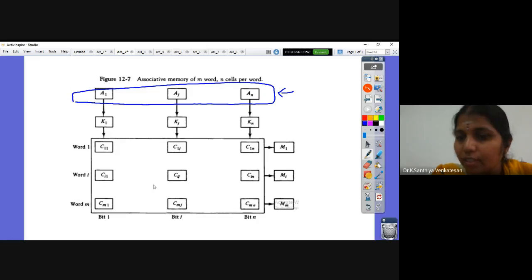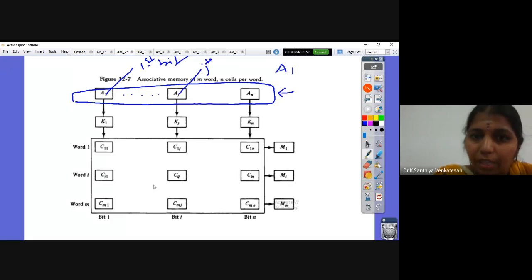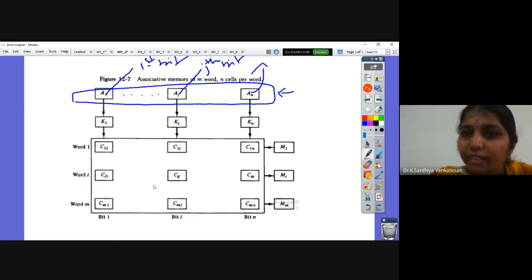How many bits in the word? It is an n bit word. A1 is nothing but the first bit in the word. Similarly, second bit, third bit, fourth bit, fifth, jth bit. Aj is the jth bit in the same word, and An is the nth bit.